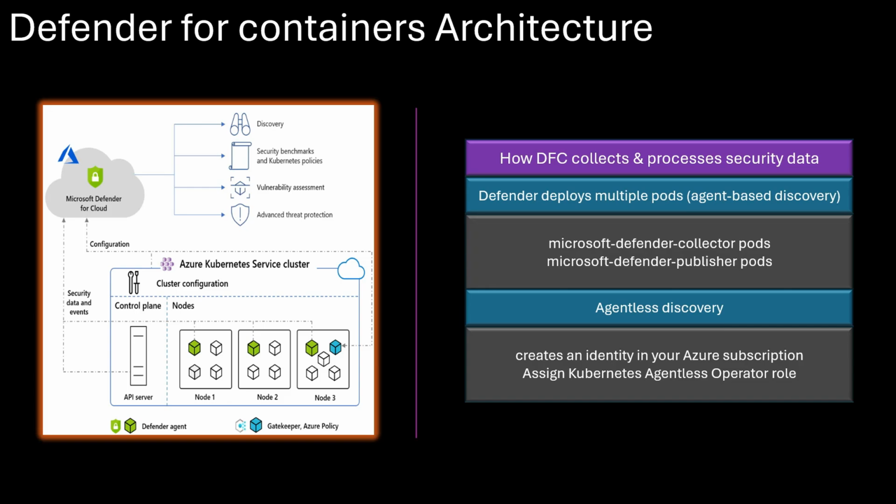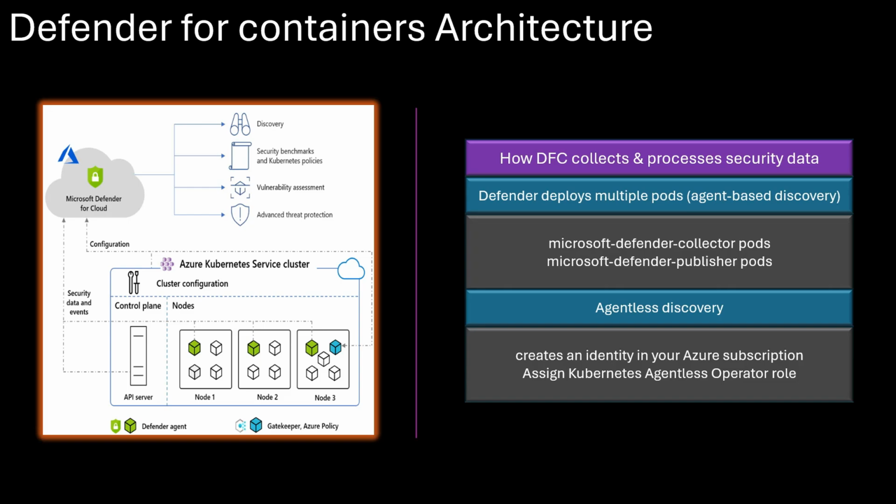By using both agent-based and agentless security, Defender for Containers provides full visibility and protection across your Kubernetes workloads. The eBPF-powered Defender agent ensures runtime security while Azure Policy enforces best practices before workloads are even deployed.